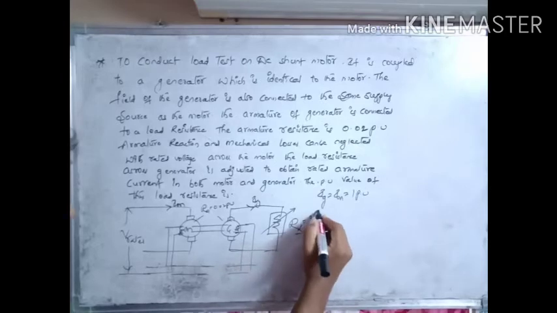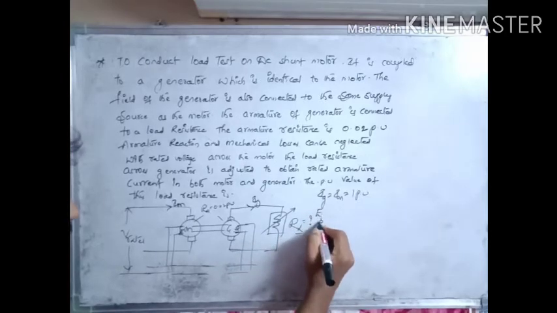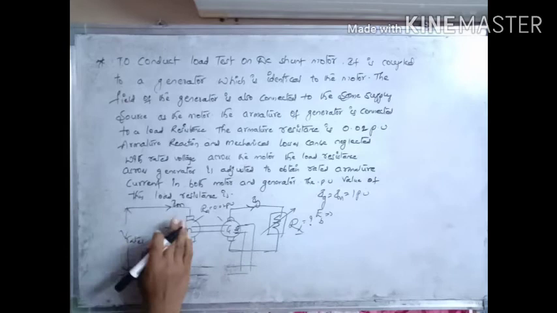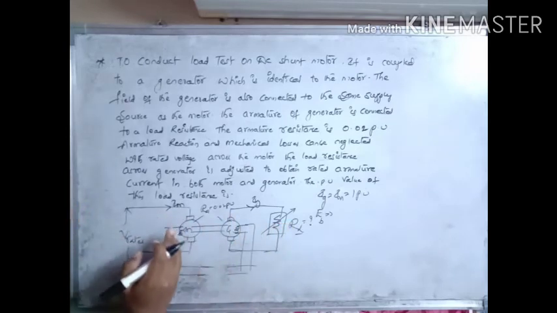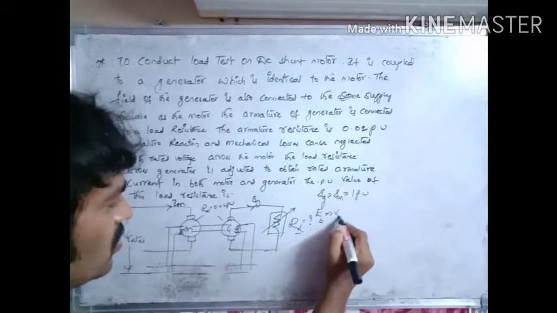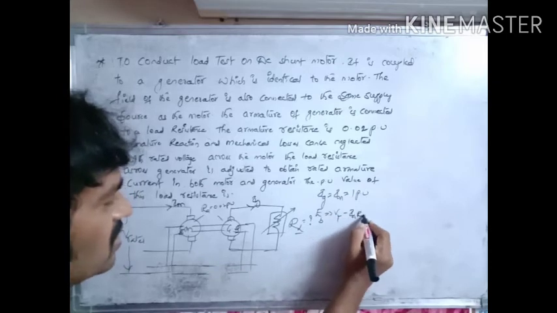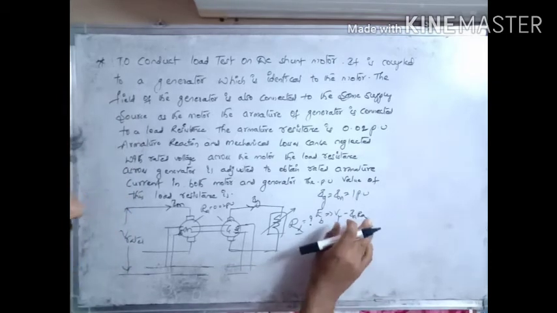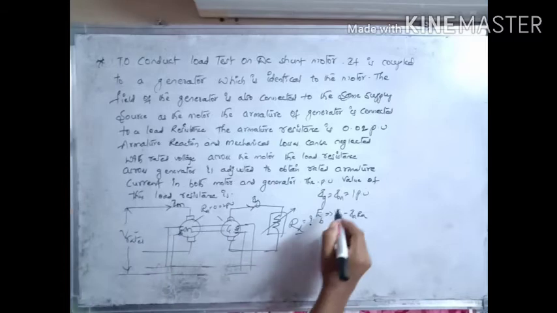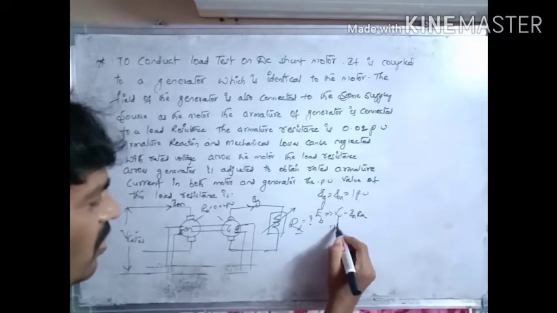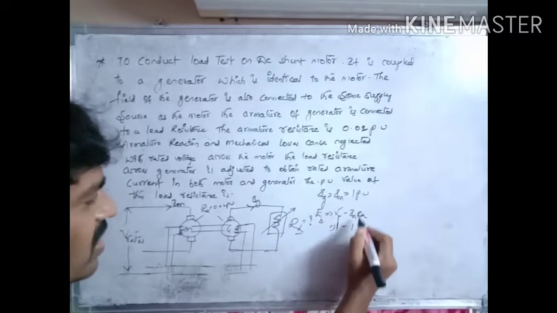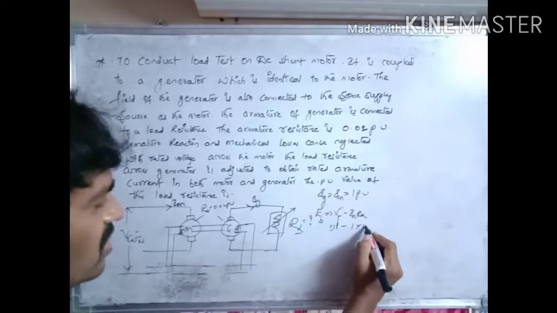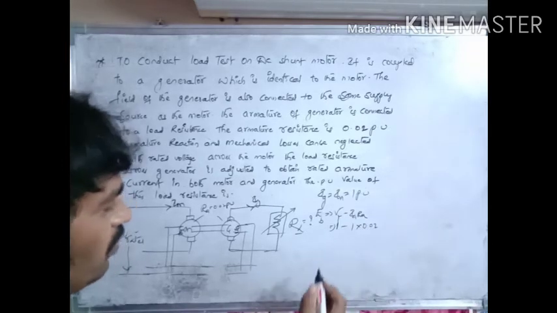Now the value of back EMF in the motor. Why? Because the load test is conducted for the motor only. So first, Eb equals Vt minus IaRa. This is the rated voltage, taken in pu, that is 1, minus Ia, which is also 1 pu, into armature resistance 0.02 pu.